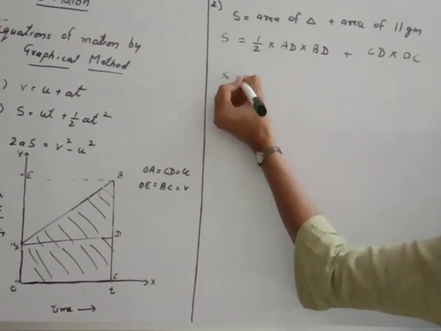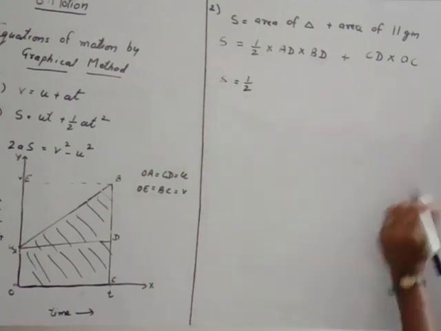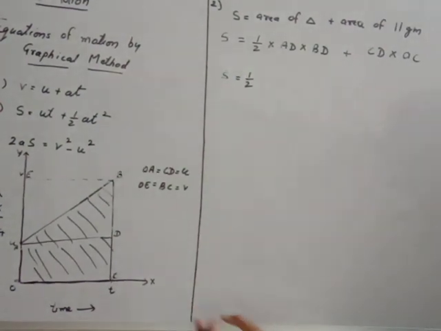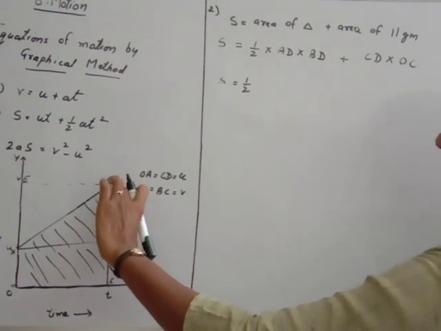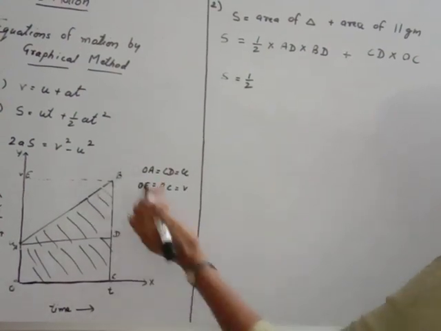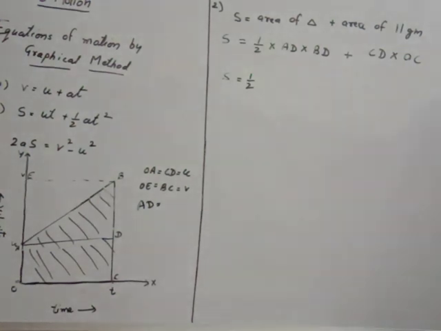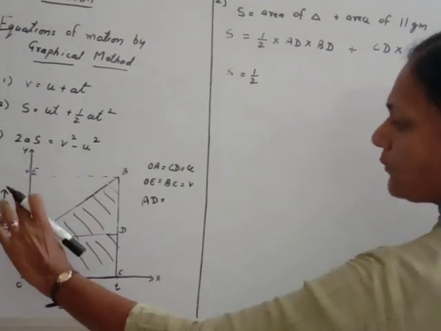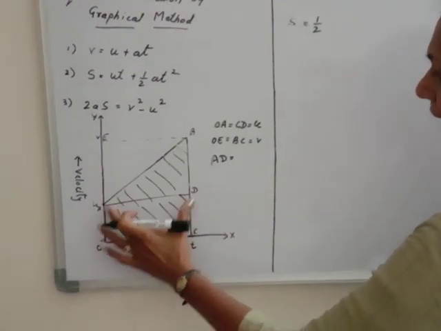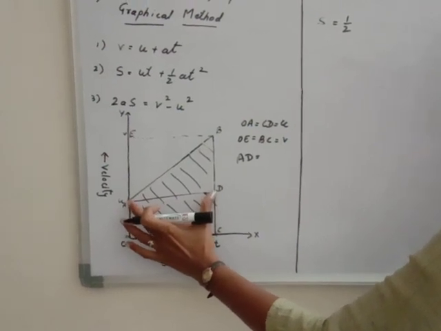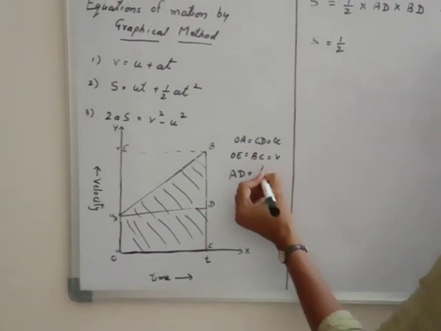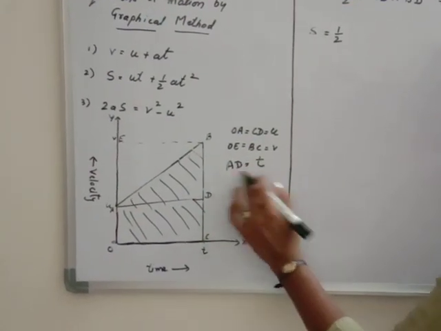So s is equal to half. Now AD, what is AD? AD means this distance. I want to find the distance AD. That is how much? t.